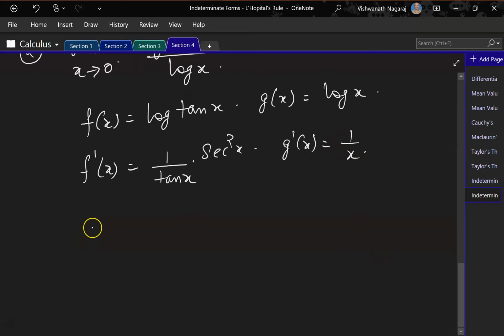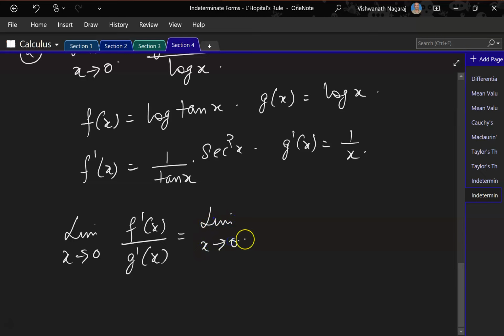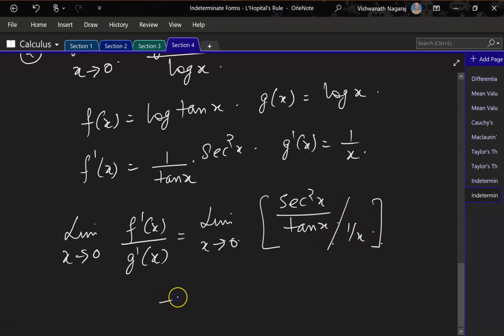So our limit statement will become what? Limit as x approaches 0 of f prime of x by g prime of x is equal to limit as x approaches 0 of sec squared x by tan x divided by 1 by x. Yes. Now let's keep simplifying it.